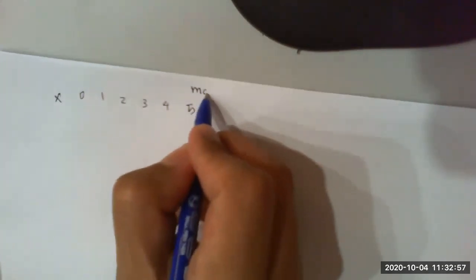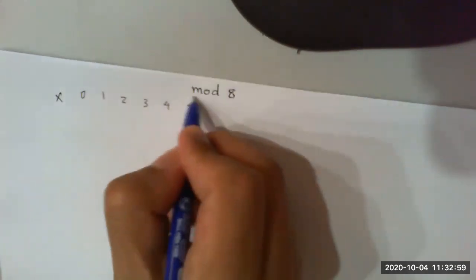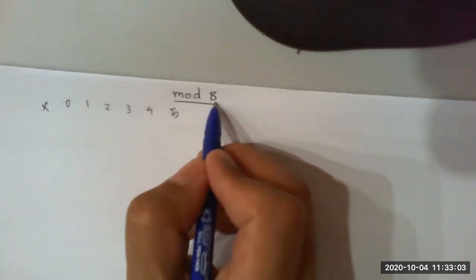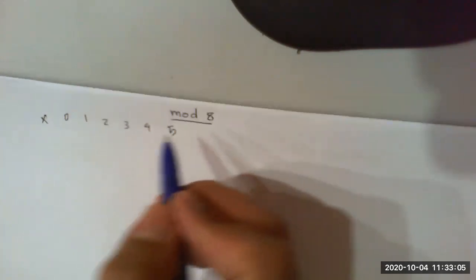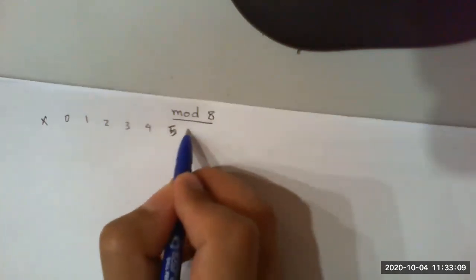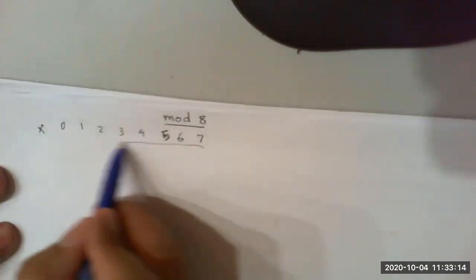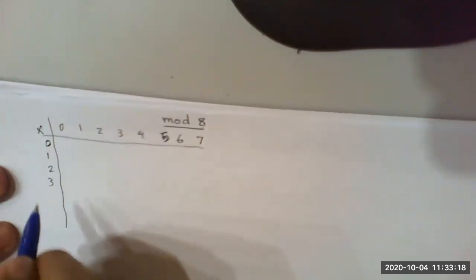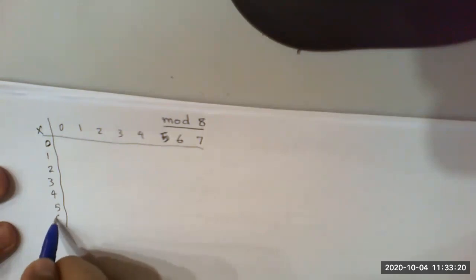Don't forget, this is a mod 8 table. Of course, I can have a mod 7 table, mod 9 table. Anything is okay, but I have here a mod 8 table as an example. I have also here 0, 1, 2, 3, 4, 5, 6, 7.